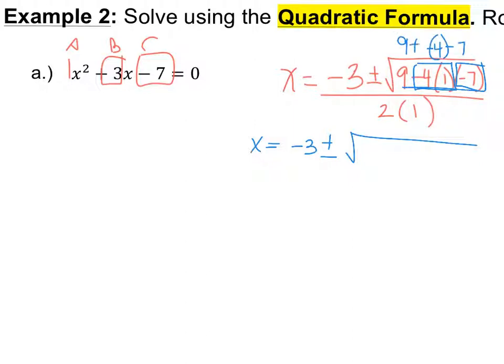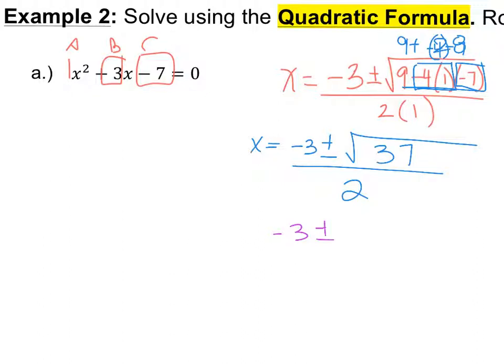So it's really 9 plus 28, which is 37. And then all of that is divided by 2. The next thing that you do is you take the square root of 37 on your calculator, and then you press the button that changes it from that to a decimal.